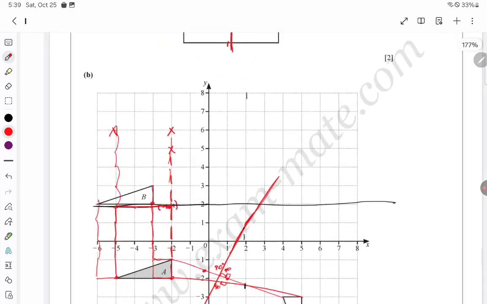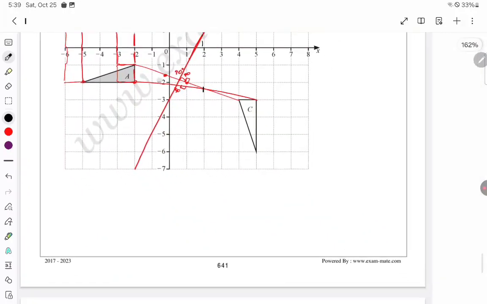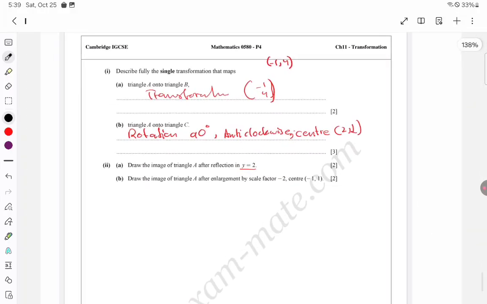We get our 3 points, join them, and we get our required triangle. So this part is done.